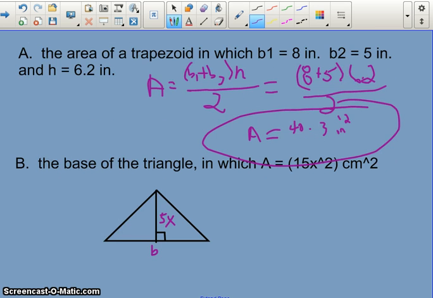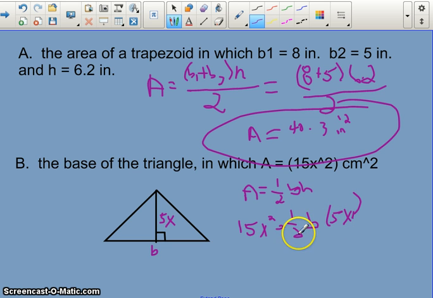Alright, let's scroll down a little bit, and I think we've got a triangle area problem. The area is given to us. Remember that area is equal to 1/2 base times height. So the area, 15x squared, is equal to 1/2 times b times 5x, and we're solving for b.